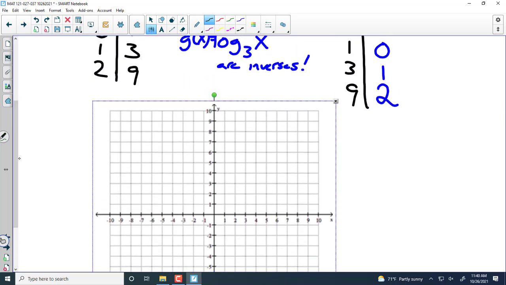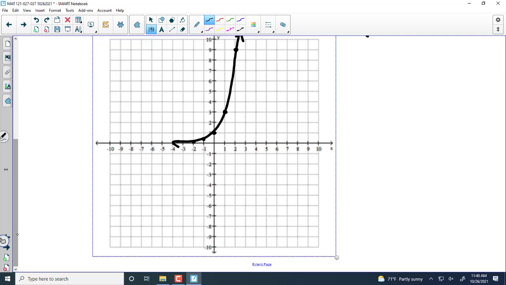Here is 3 to the x. Here is log base 3 of x.